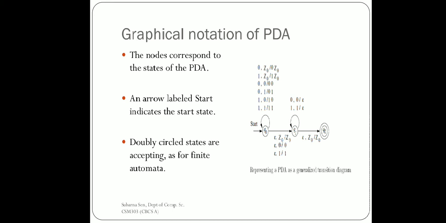An arrow labeled start indicates the start state. This is also similar to finite automata, and doubly circled states are accepting, as for finite automata. It is called accepting state, or you may call it final state, and it can be more than one as well.